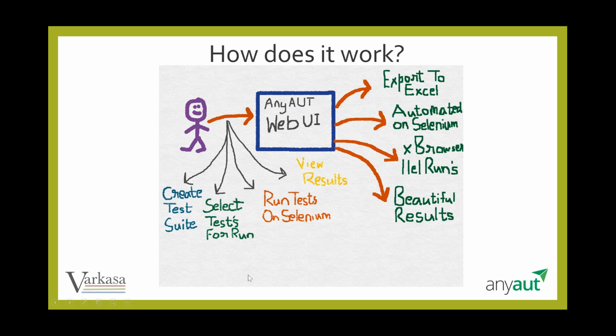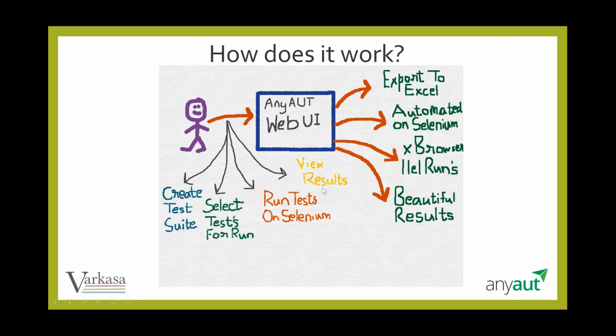They have the ability to choose what tests they want to run right now for which regression release. They have the ability then to run this test directly on Selenium. So all this is being done on the web UI. And finally, view the results of what happened with the test.